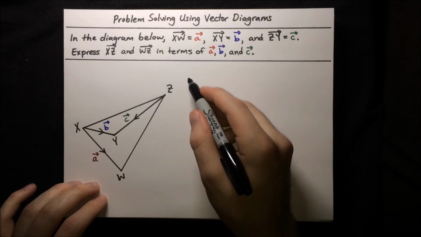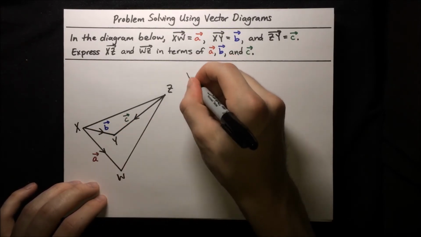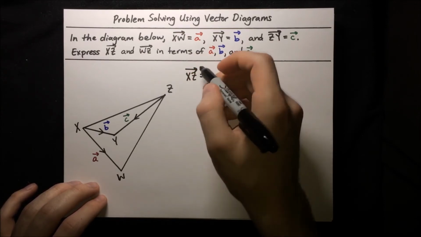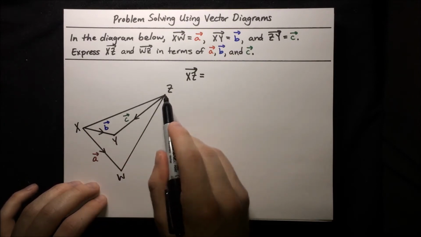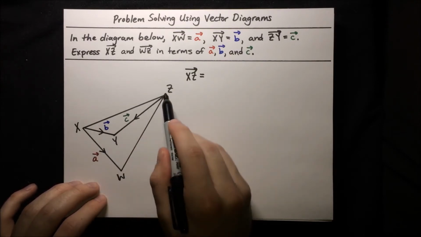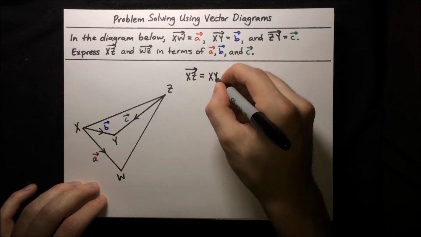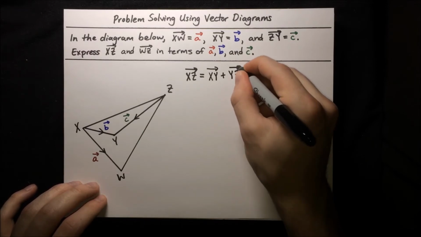We'll use the triangle law for vector addition, and we'll just say we want to find the vector XZ. So why don't we express that in terms of the other sides of the triangle? So going from X to Z is the same as going from X to Y and then Y to Z. So let's write that down. XZ equals XY vector plus YZ vector.